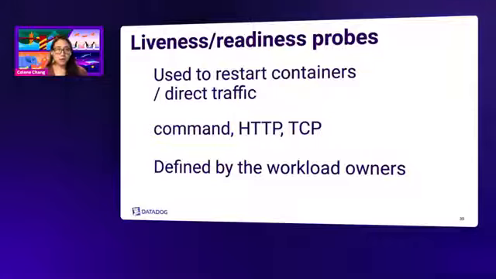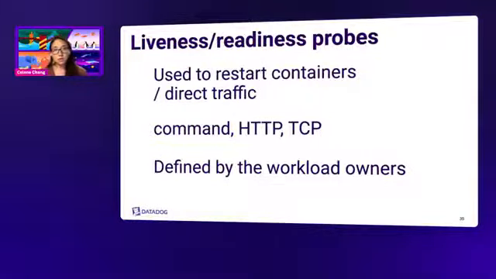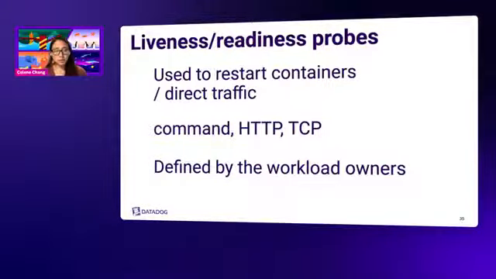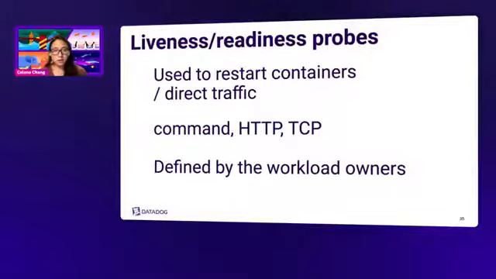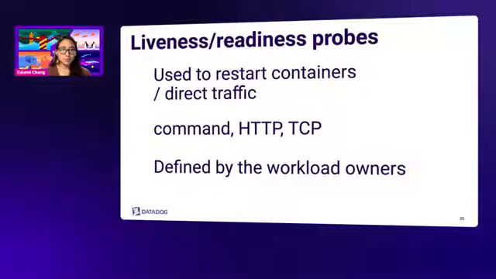If that fails, then Kubernetes will exclude it from the service pool and make sure that traffic does not get directed to it. The two probes are configured very similarly. You can use a command such as a bash command, an HTTP endpoint, or a TCP socket, and define how these are updated according to what makes sense in your application.